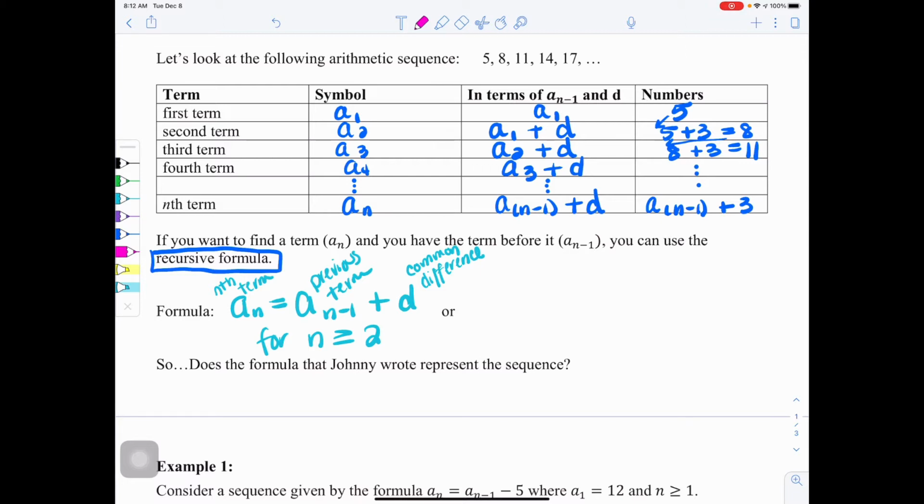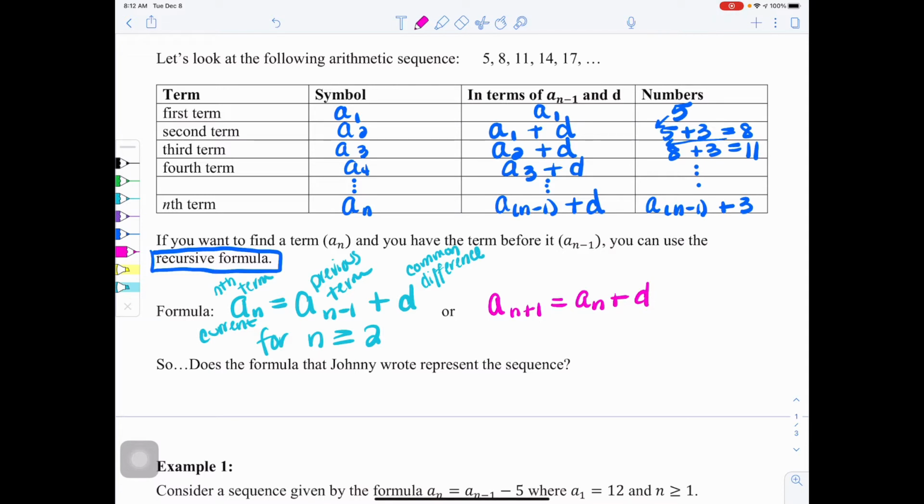So here it was the nth term or the current term. You can also use that language if you want to add current here, if that helps. Okay. The current or nth term is equal to the previous term plus the common difference. Your next option is to do a sub n plus 1 equals a sub n plus d.